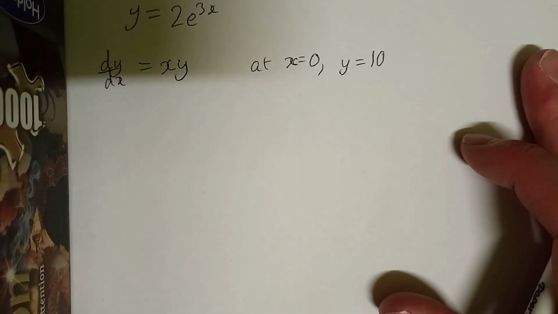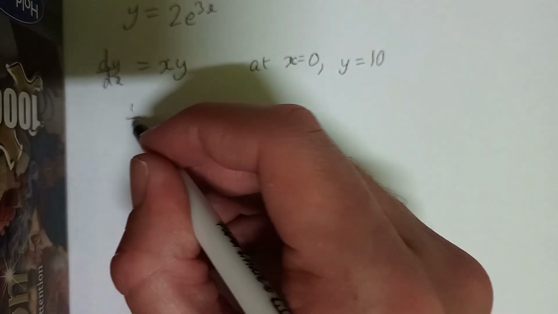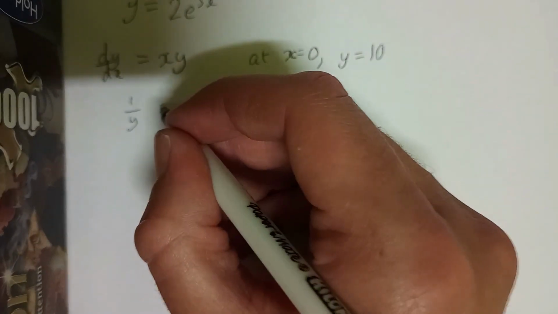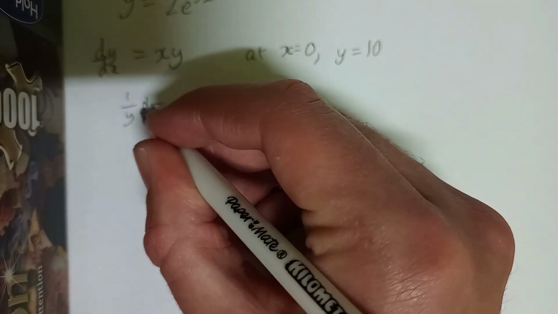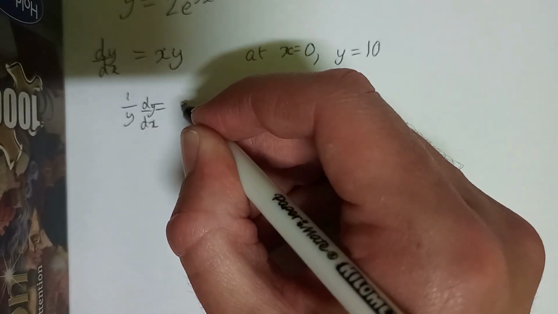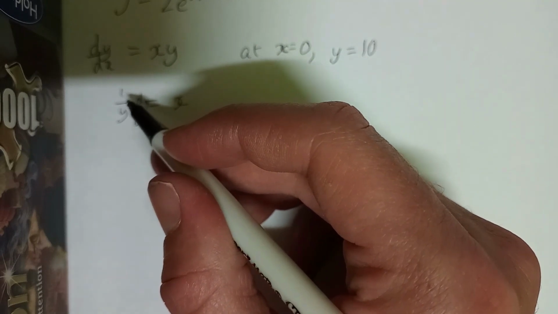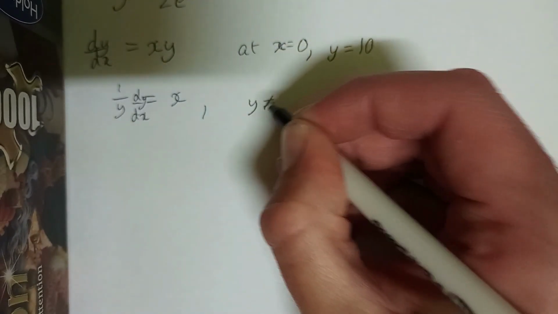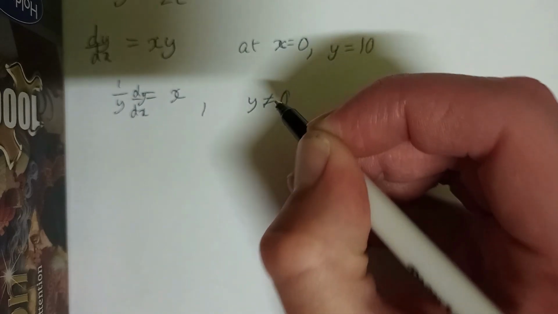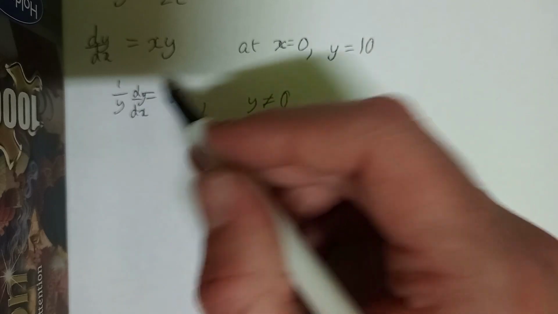I want to make a point here I didn't cover in an earlier video. Equal x. Okay, now when I divided through by y, we are assuming here that y is not equal to 0, because you can't divide by 0.